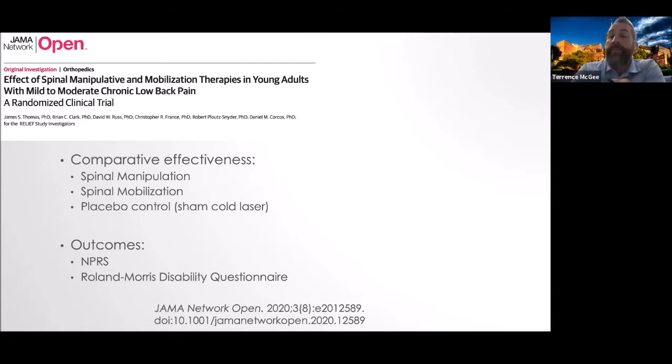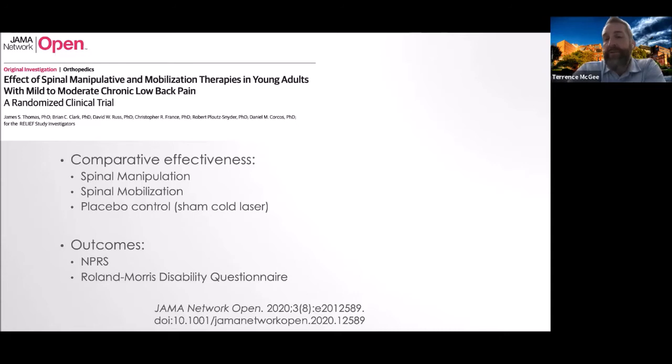Well, I may not be somebody who believes that the evidence is there quite yet to support the use of laser, but because it had such a powerful effect on my patient, I am surely going to integrate that into their plan of care. Spinal mobilization, spinal manipulation, they're both tools that we utilize.